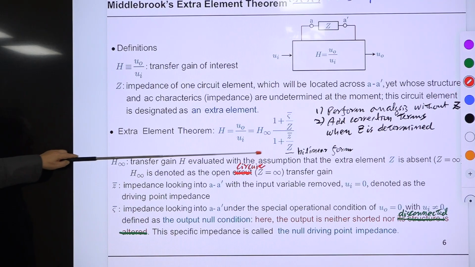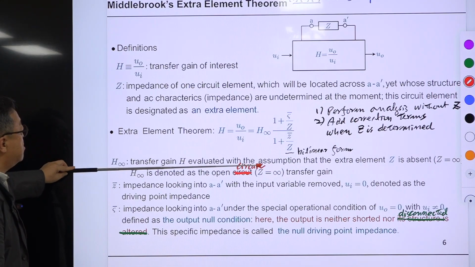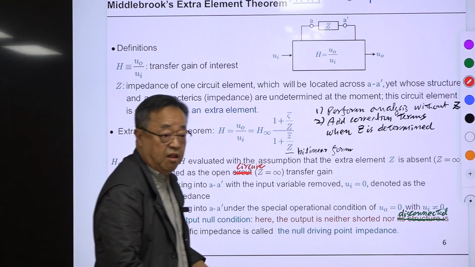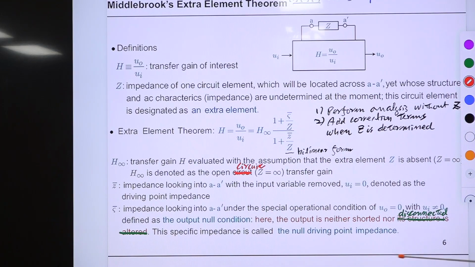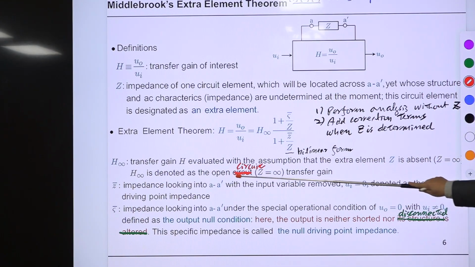Okay, all right. Then H infinity is the transfer gain evaluated with the assumption that the extra element G is offset, or this impedance is infinity, and this is called the open circuit transfer gain.